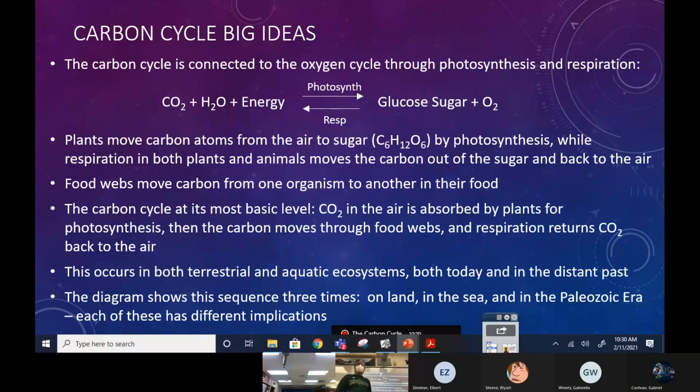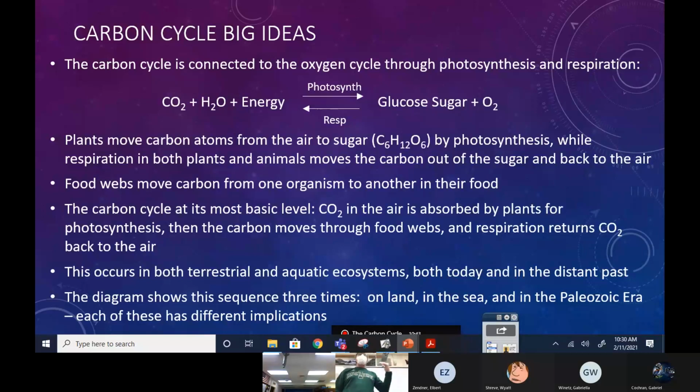And then it asks you to write down the equations, doesn't it? Write down the chemical reactions. Yeah, so here it is. Photosynthesis is CO2 plus water plus energy. In this case, it would be light. And then you draw an arrow, and the way we read the arrow is yields.